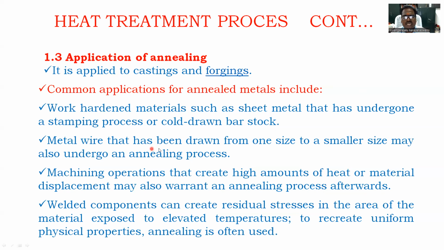Metal wire that has been drawn from one size to a smaller size may also undergo an annealing process. Machining operations that create high amounts of heat or material displacement may also warrant an annealing process afterwards.